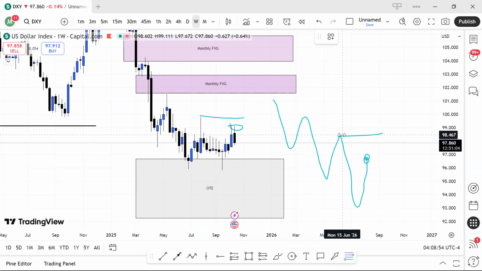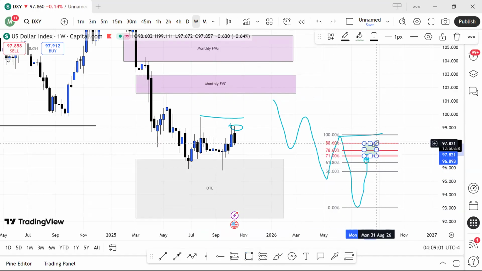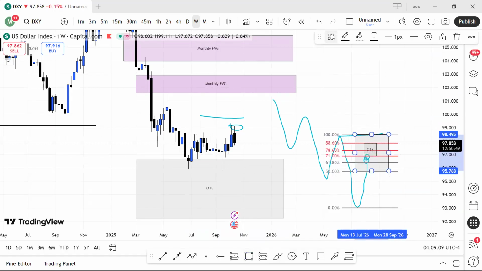Then if you measure this trading range, we are also respecting the OTE sell levels. So we are in the premium zone, which is above the 50% of this entire fib levels.